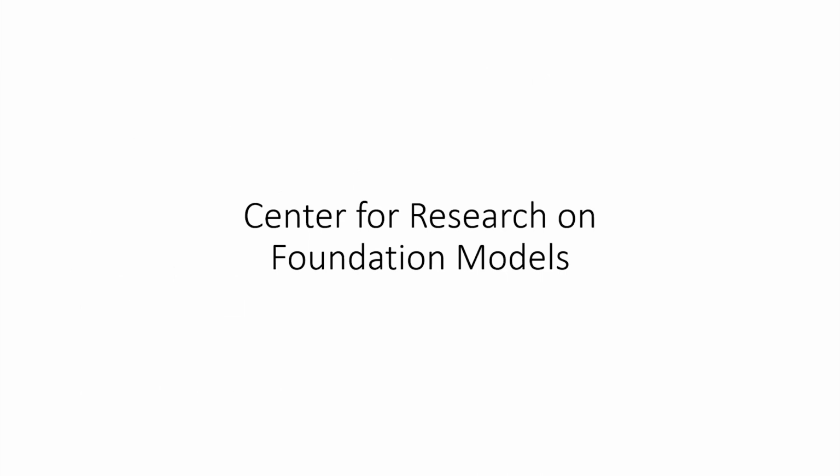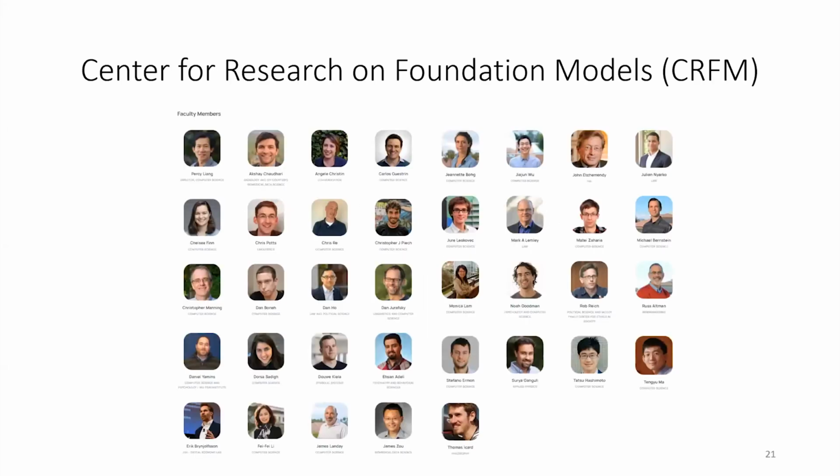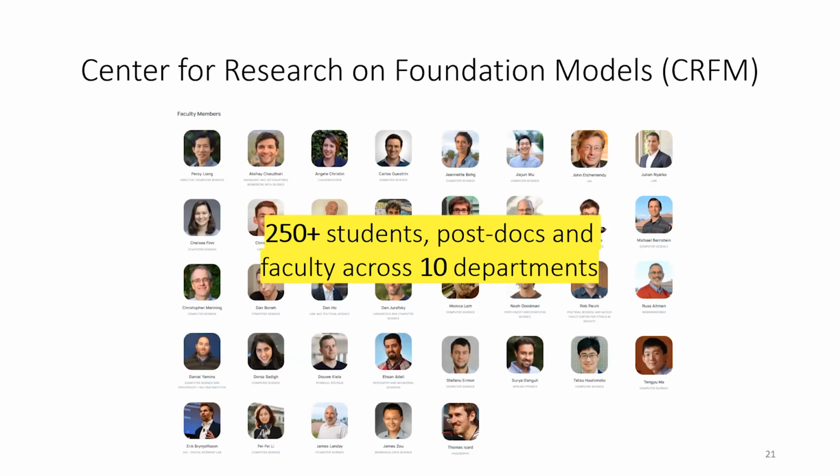Okay, so at Stanford, we have the Center for Research on Foundation Models, where we study a lot of these problems and more. Both try to advance the capabilities of foundation models and also study the risks and make sure that these models are being used for good. So we have a bunch of faculty and students. This is just a list of faculty, and there are 250 students across the center.